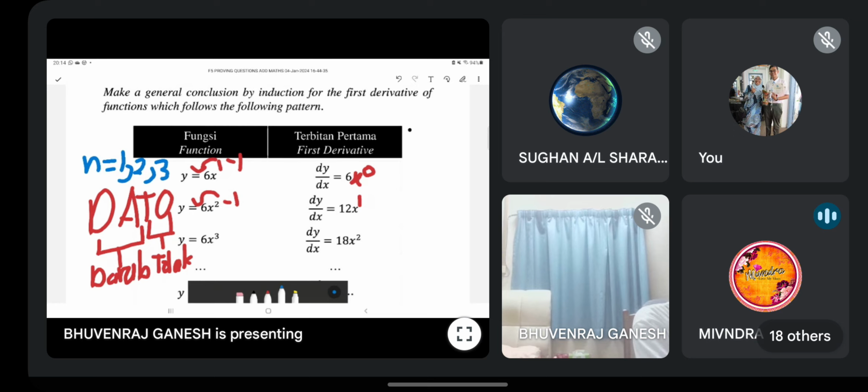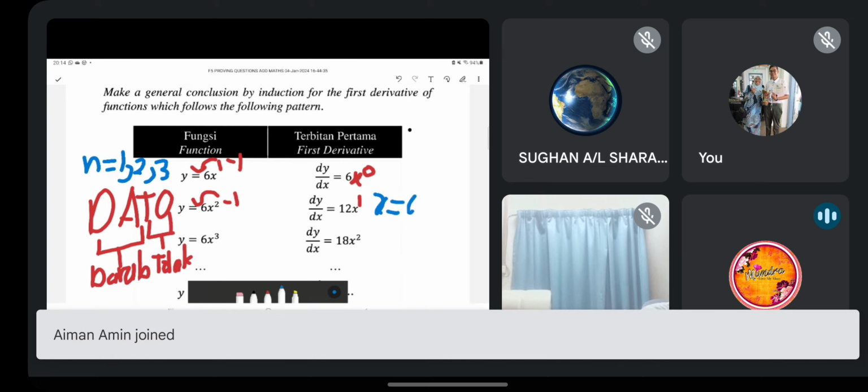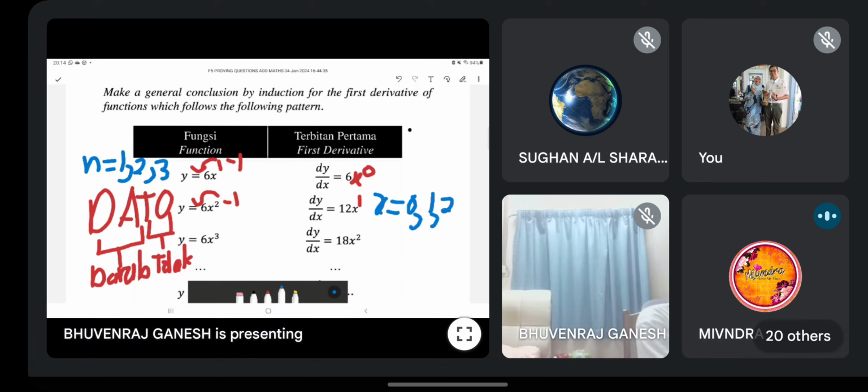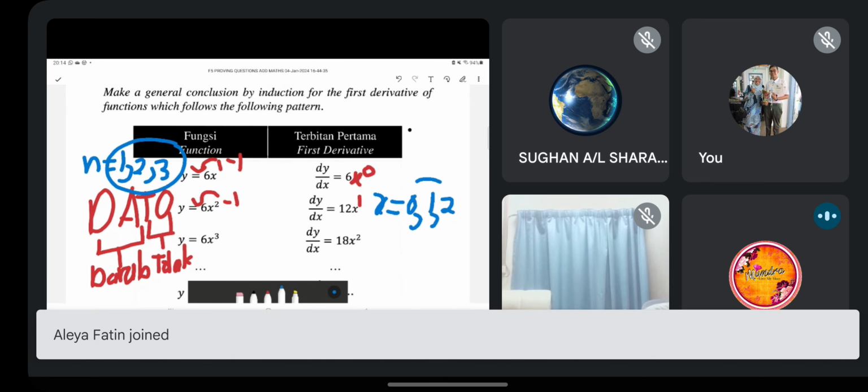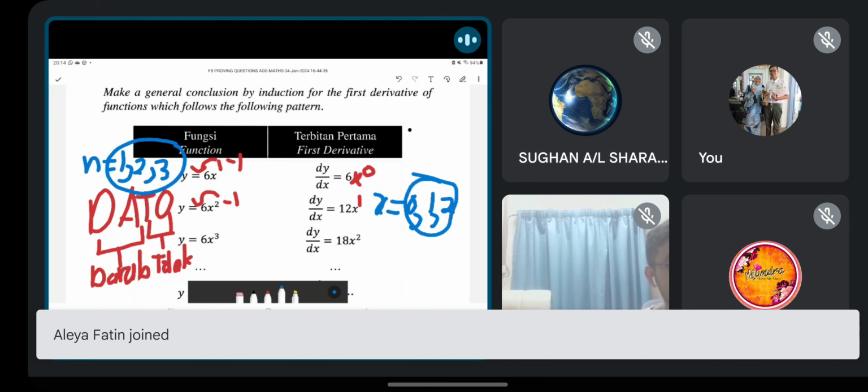Sebab kita dah tahu basic dia, so kalau korang dah tahu yang basics, it would be simple, easy to do. So 6 darab dengan n x kuasa n minus 1. Itu je. Okay guys, are you clear for this question?